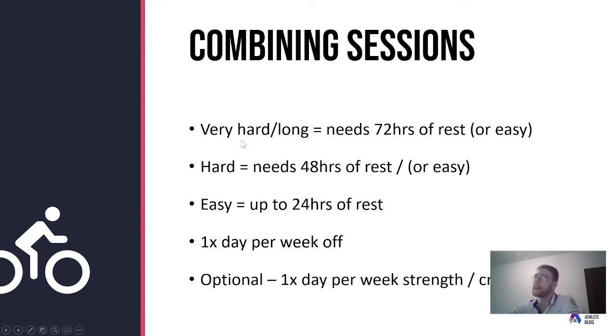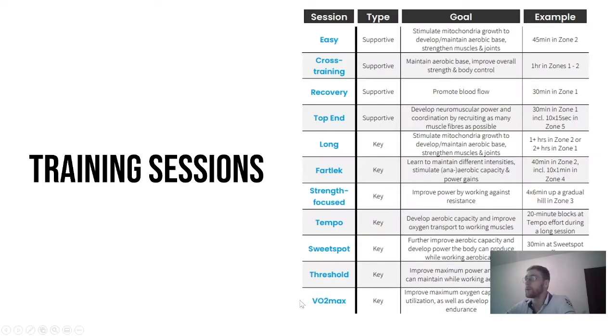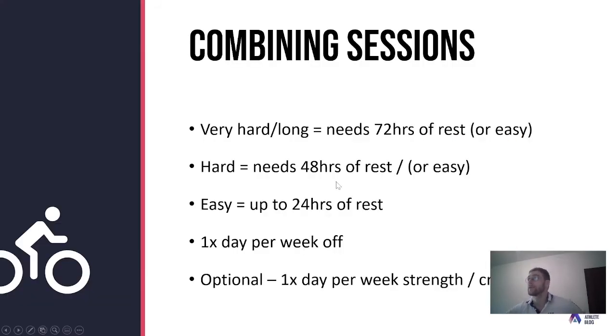And when we talk about combining the sessions together, there are a few rules of thumb. If we talk about a very hard session or a very long one, for example a VO2 max session or a particularly hard long threshold or sweet spot session, for that we would need 72 hours of rest or easy training.